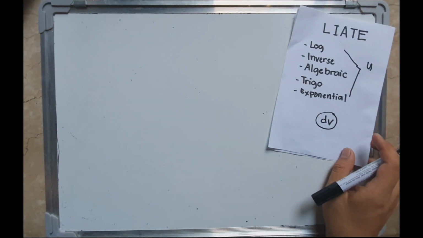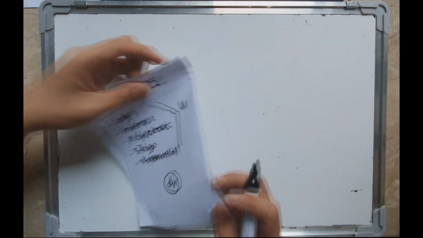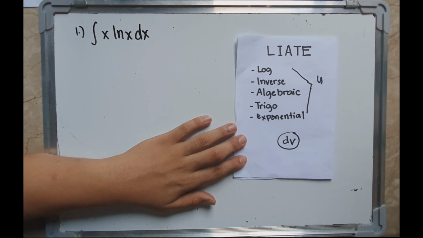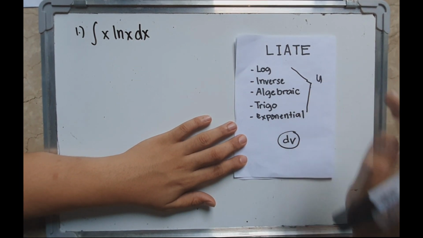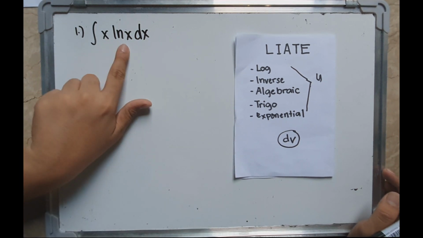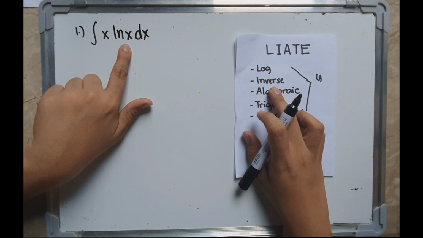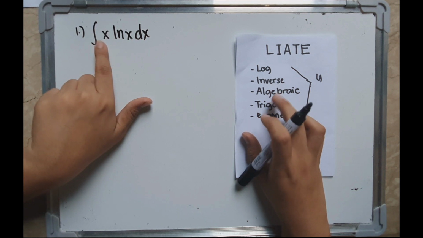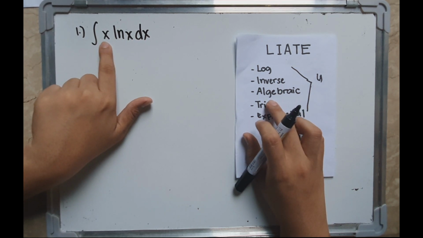Okay, so let's have examples. The integral of x ln x dx. According to this, we will assign ln x as the u. We will not assign x as the u.